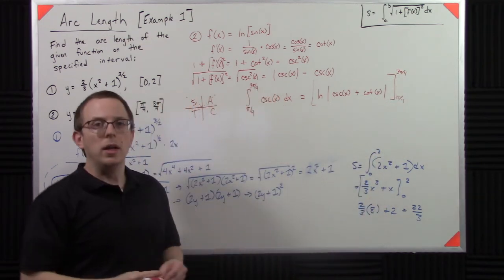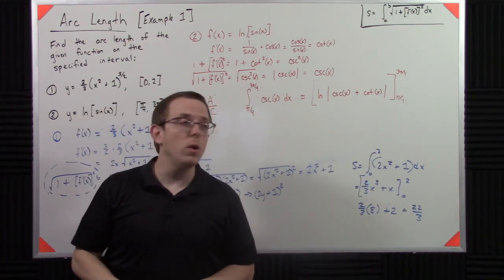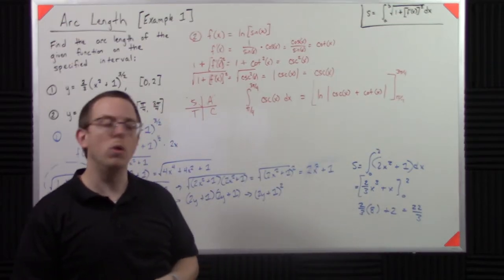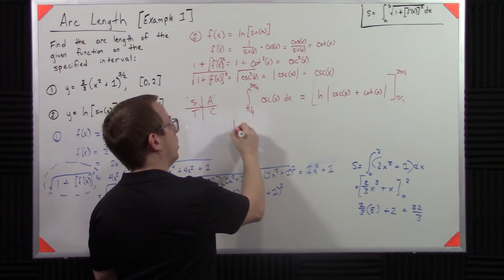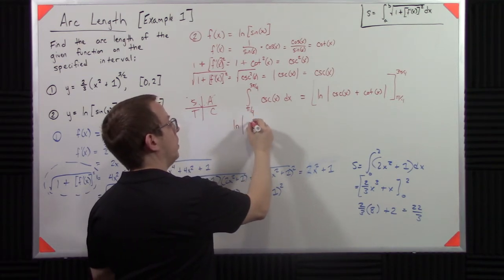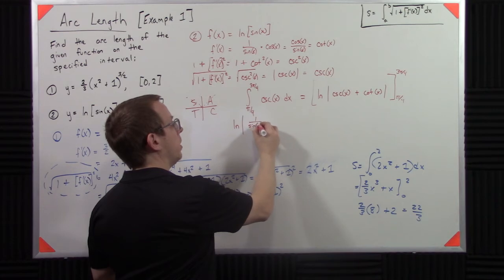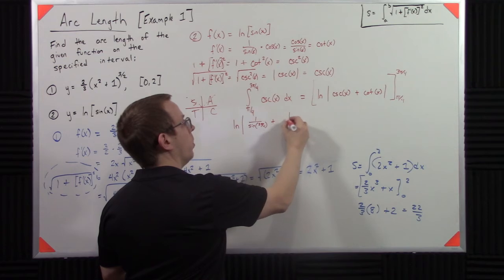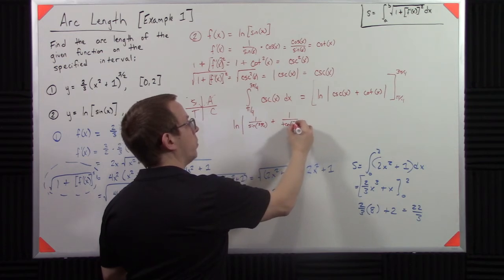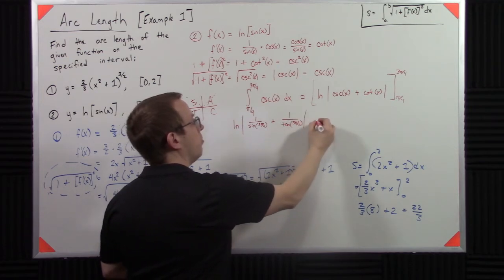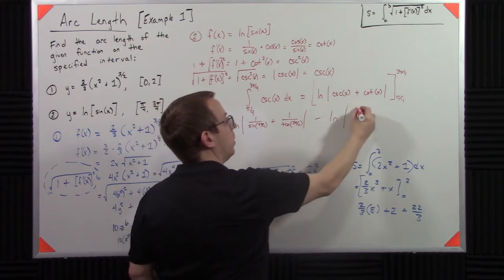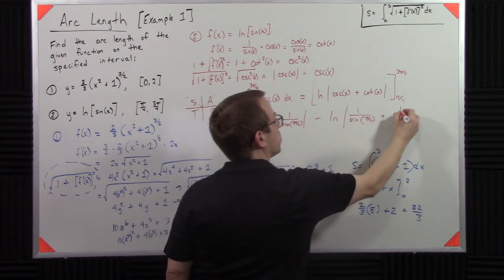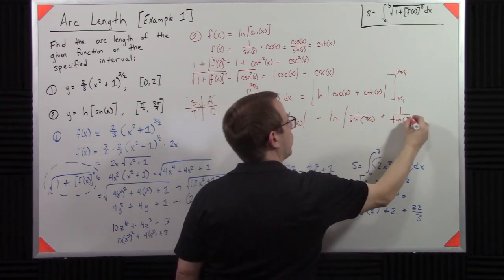You may not remember your unit circle here either, and that's okay. So we have to do the natural log of the absolute value of 1 over sine 3 pi over 4 plus 1 over tangent 3 pi over 4, minus the natural log of 1 over sine pi over 4 plus 1 over tangent pi over 4.